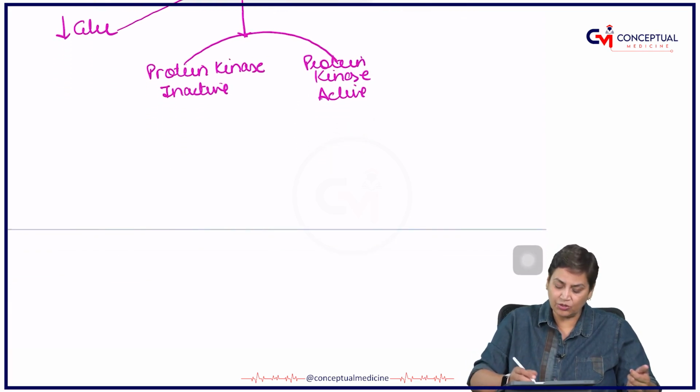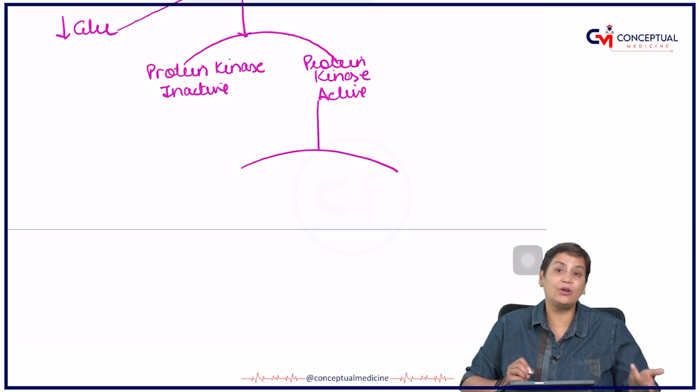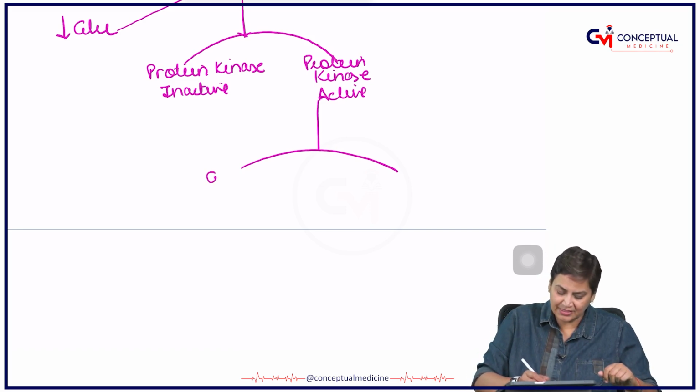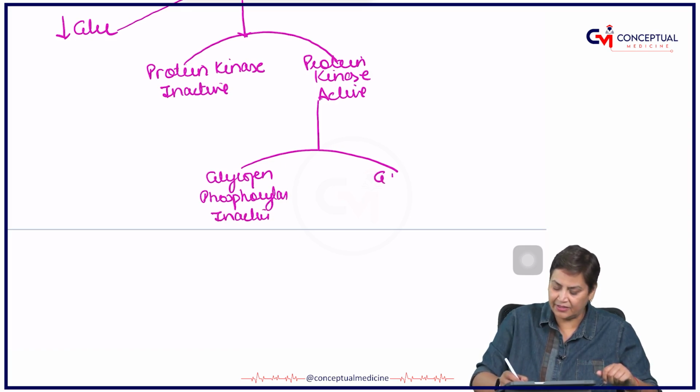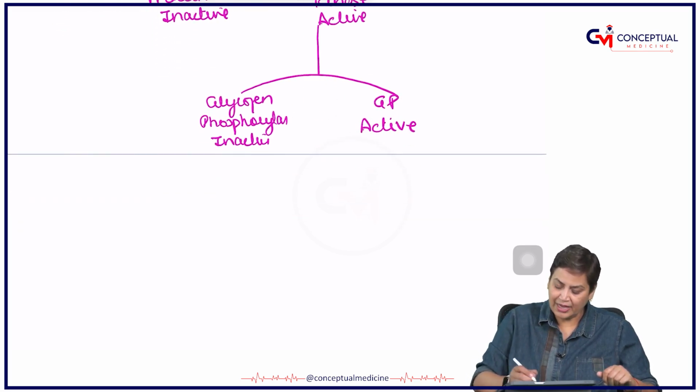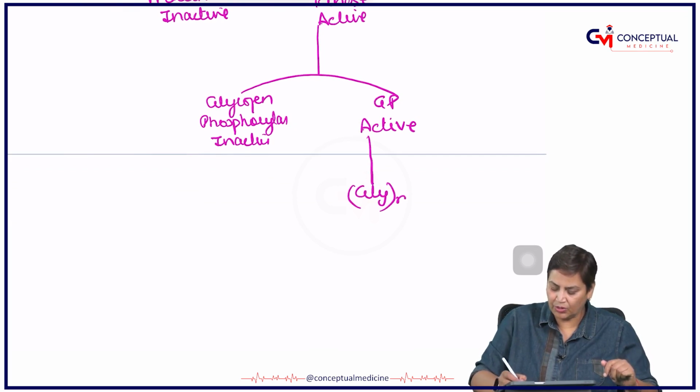And if we talk about glycogenolysis, the regulatory enzyme is glycogen phosphorylase. So this glycogen phosphorylase, which was inactive, will be made active. If glycogen phosphorylase is active, chapter is over. Glycogen will be broken down to form glucose.